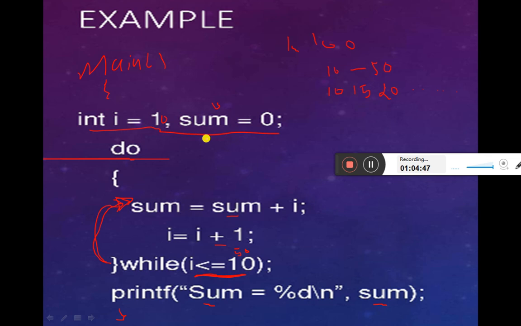If I ask you to write a C program to find the sum of all the even numbers between 1 to 50, the even numbers like 2, 4, 6, 8, and so on up to 50, the requirement is that I should start with I equal to 2, because by adding 2 to I we will get even numbers.